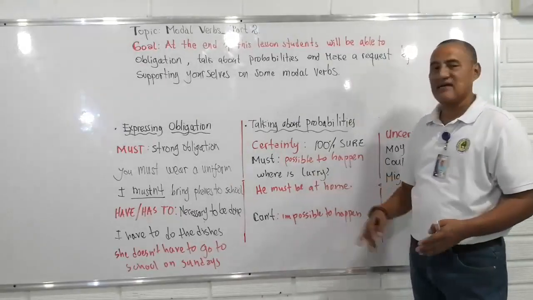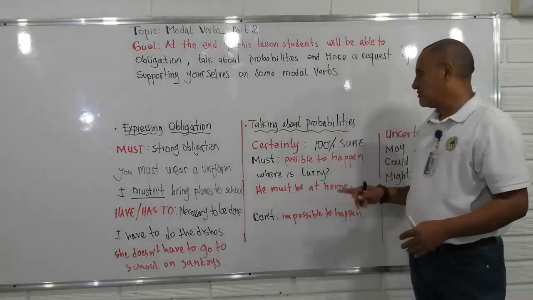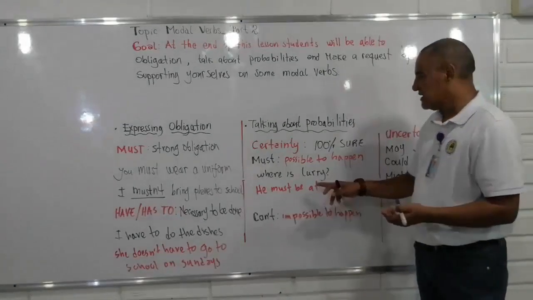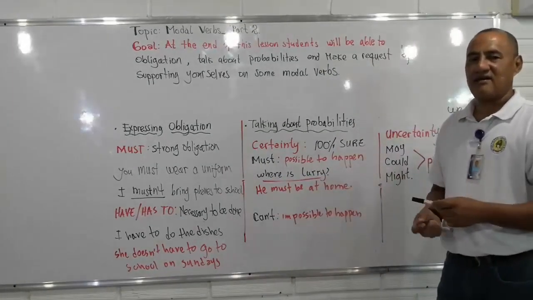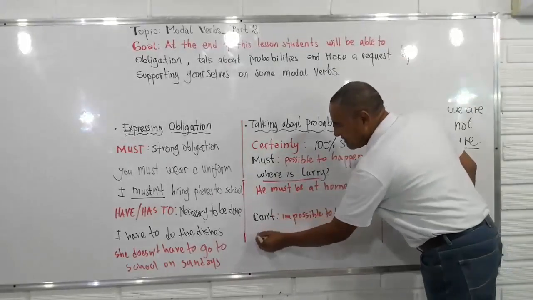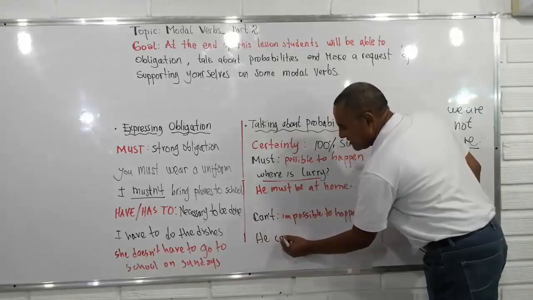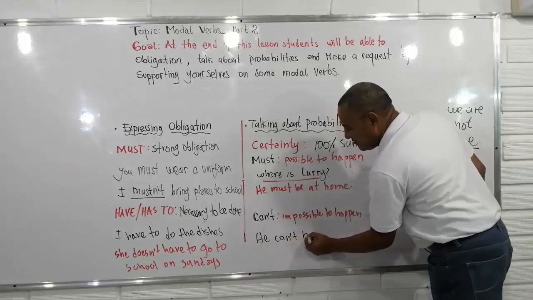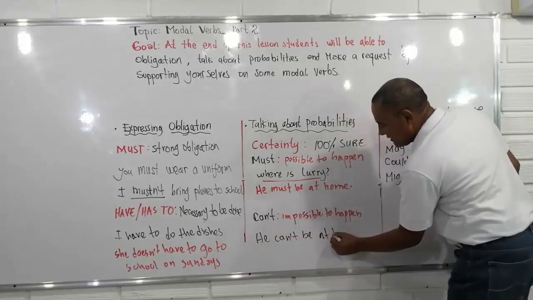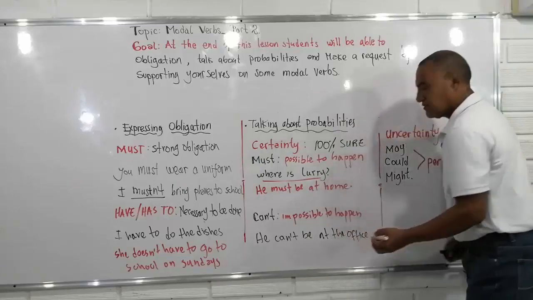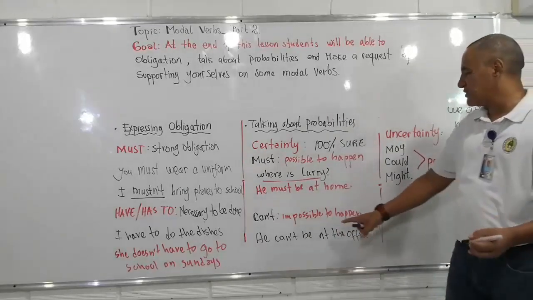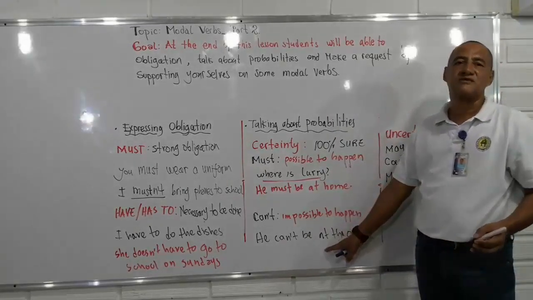Then that's why we say he is there, because we are sure it's possible this. I say, hey, where is Larry? It's okay, he can't be at the office. No puede estar en la oficina. It's because I'm sure that this is impossible to happen.